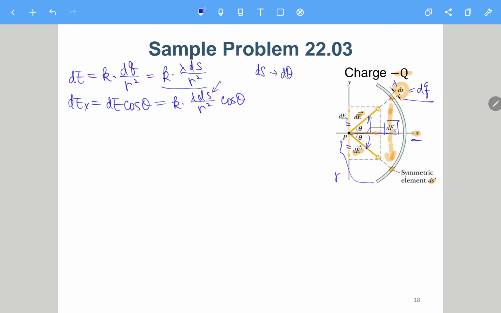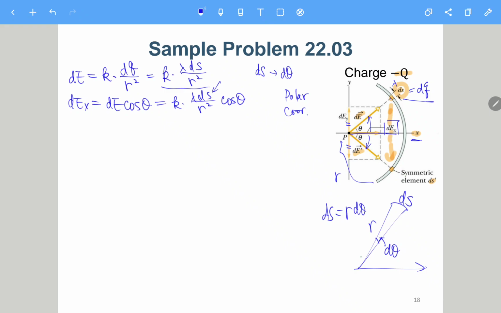This is like a polar coordinate system. Suppose this is the axis, and this is a circular arc. This is the so-called d theta, this is ds, and this is small r. As you know from high school mathematics, ds should be r d theta.